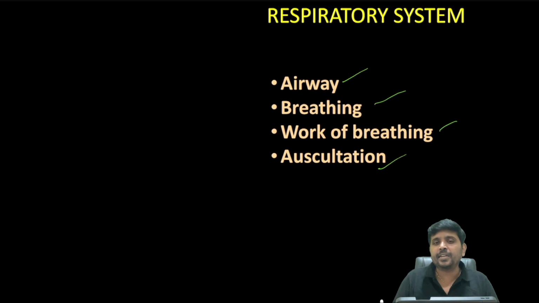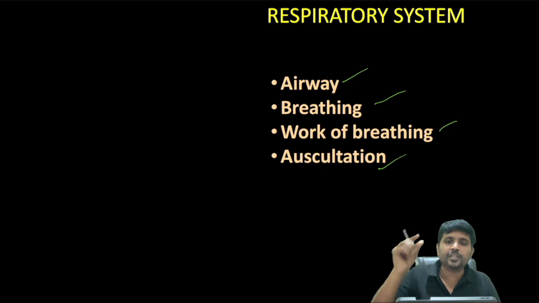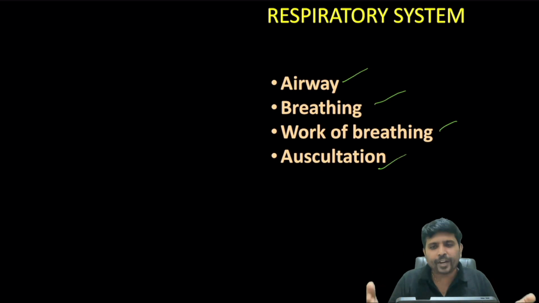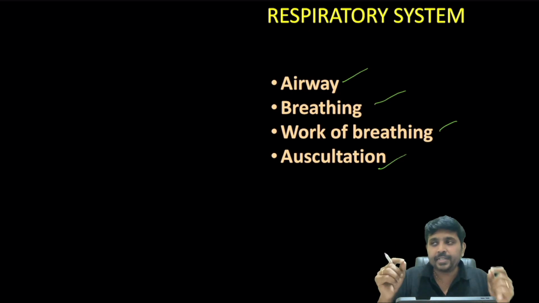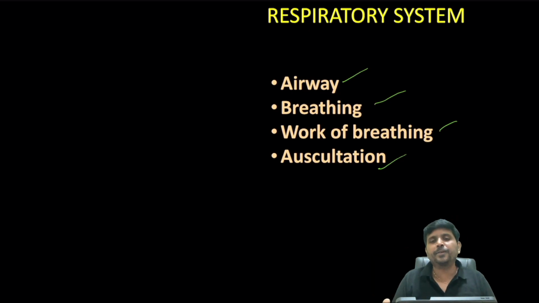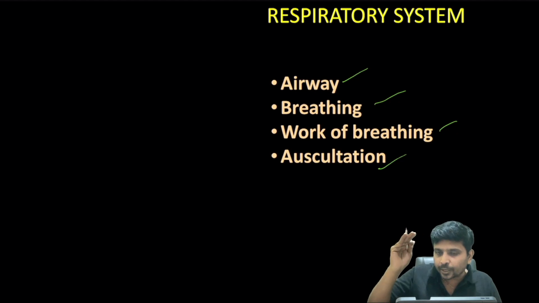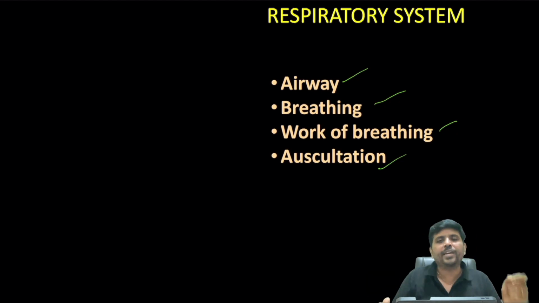It doesn't mean that each and every time you need to keep your stethoscope over the chest to find out whether any crepts are there or not, wheeze is there or not. By just simply looking at the chest, you can get so many diagnoses. So airway, breathing, work of breathing and auscultation we are going to discuss.